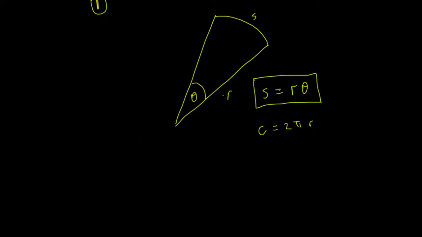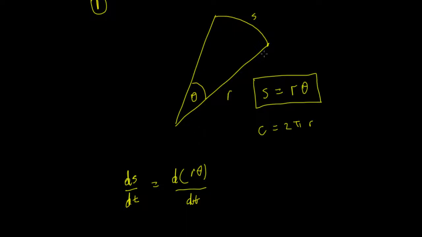Now what we're interested in is the instantaneous velocity. We can get the velocity by looking at the rate of change of position with respect to time, so we just differentiate the other side: d(r theta) by dt. The value r is just the radius, a constant, with no dependency on t.